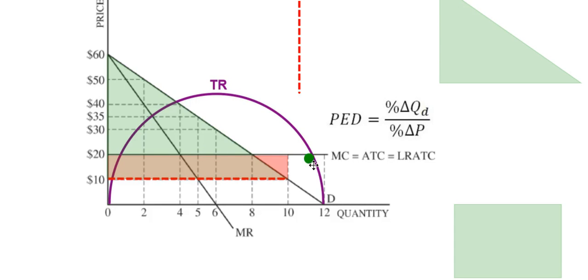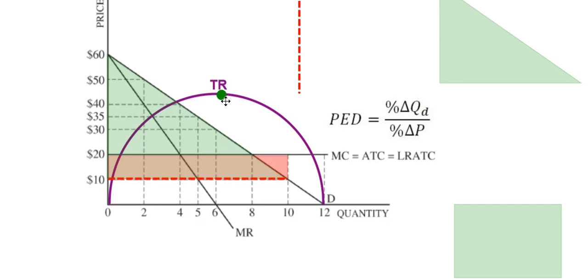From this point on, the percentage change in the quantity is going to be less than your percentage change in the price. So in other words, from a quantity of 6 to 12, as you produce more, the price is going to drop as a percentage more than your quantity is going to increase as a percentage.